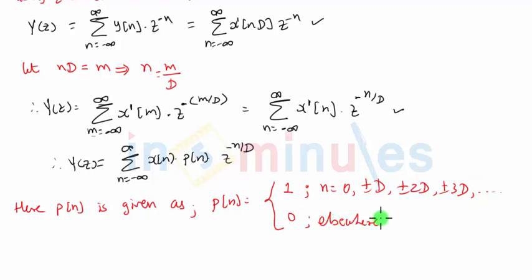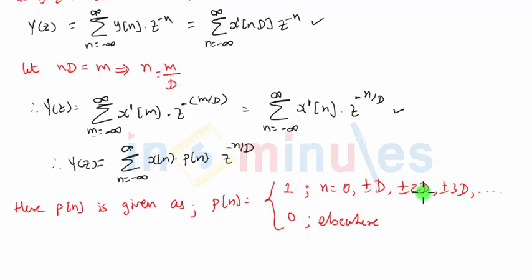Please have a look at the waveform p[n], or try to recall p[n]. If you remember, it was 1 at n equal to 0. The next value of n at which it was 1 in that case was equal to 3. But that is because the value of d was 3 in that case. We had drawn the waveforms considering d equal to 3. The next sample which was equal to 1 was for n equal to 6.